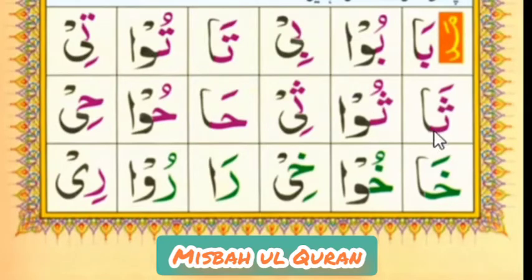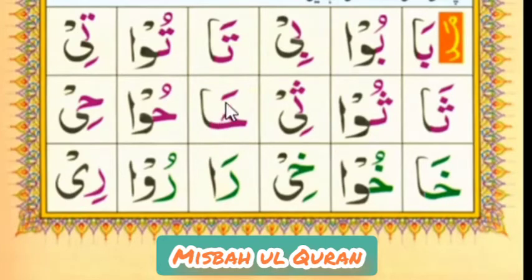The next is sa, alif, fatha, sa. Sa, waw, dhamma, su. Sa, ya, kasra, si. Sa, su, si.